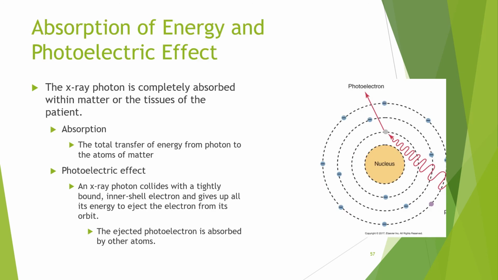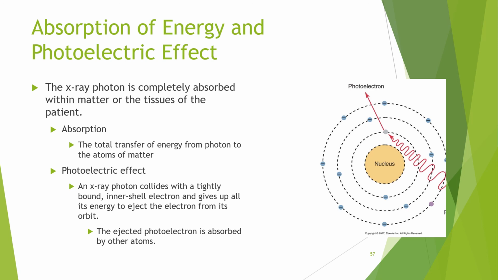Then we have the absorption of energy and the photoelectric effect. The X-ray photon is completely absorbed within the matter or the tissues of the patient. The first one is absorption, the total transfer of energy from the photon to the atoms of the matter. In this one, they don't harm the atom that they are colliding with at all, it just doesn't have enough power to affect the atom.